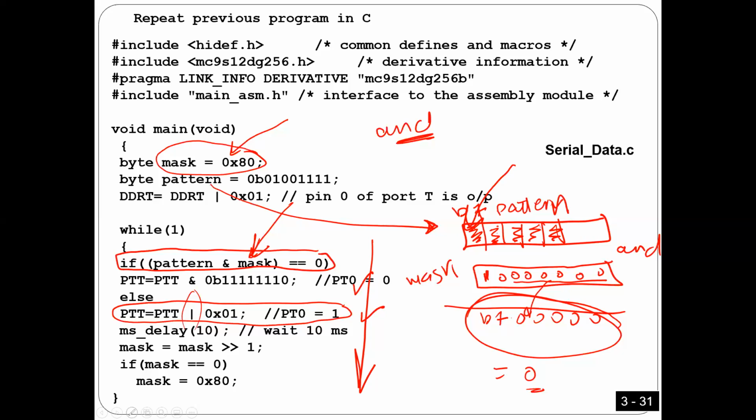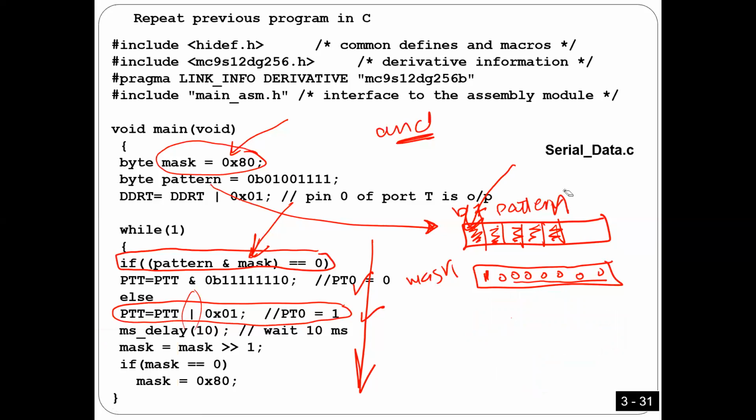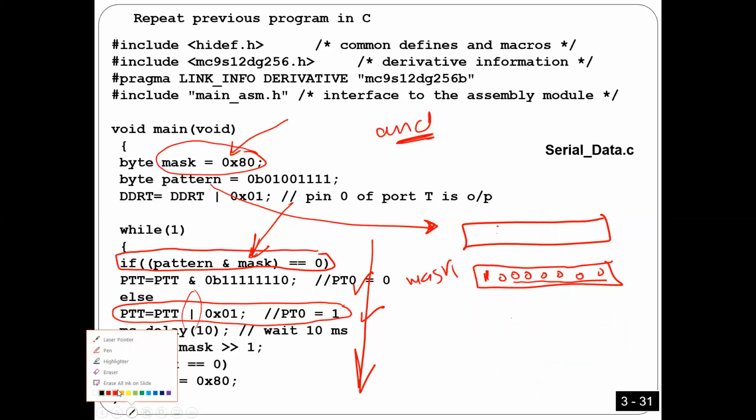It's very easy. Can you see the mask here, guys? In the very beginning, the 1 is here because I want to check this bit. Then I'm going to shift the mask.